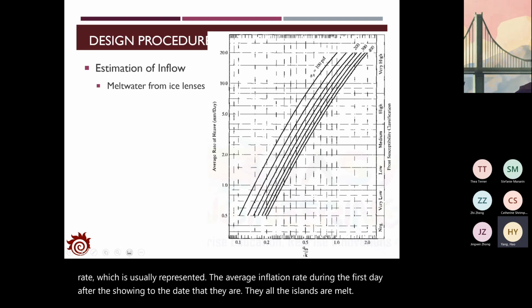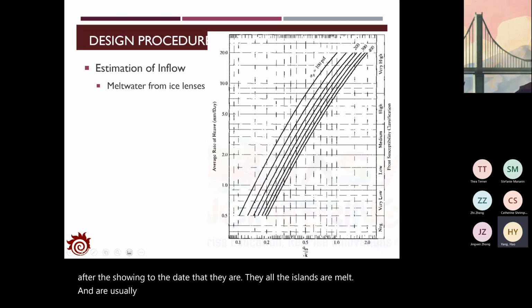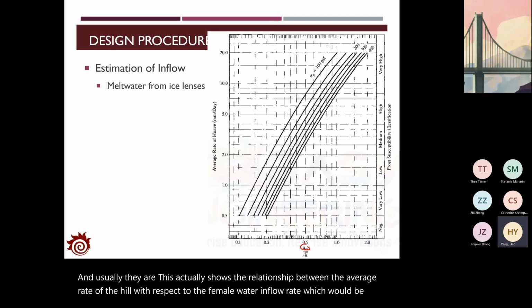And usually this figure shows the relationship between the average rate of the heave with respect to the meltwater inflow rate, which would be the QM.